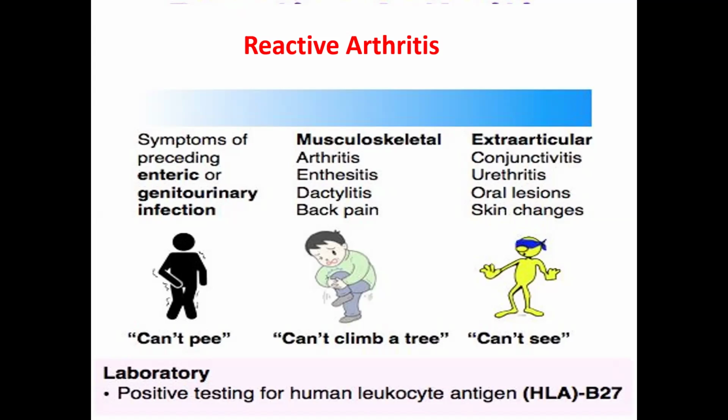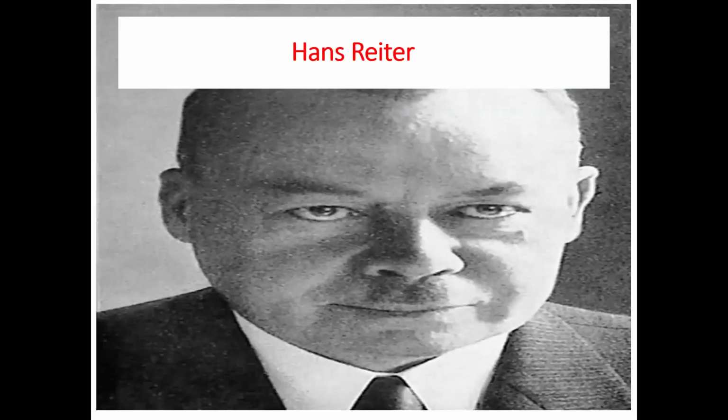And it's positive for the HLA-B27. Same thing, same token with ankylosing and other negative spondyloarthropathy, the negative HLA-B27. Hans Reiter, the discoverer of reactive arthritis.